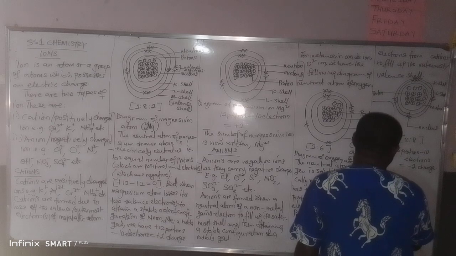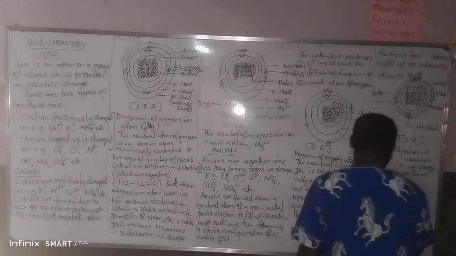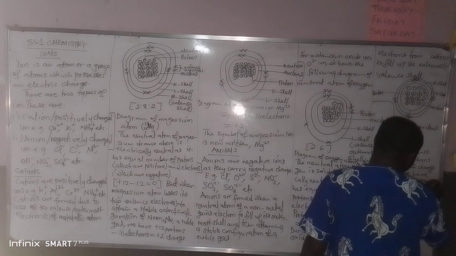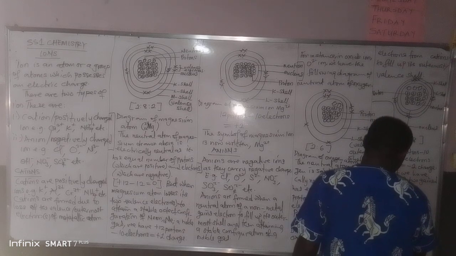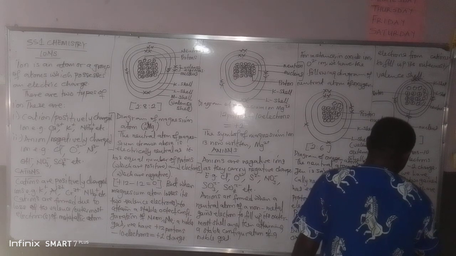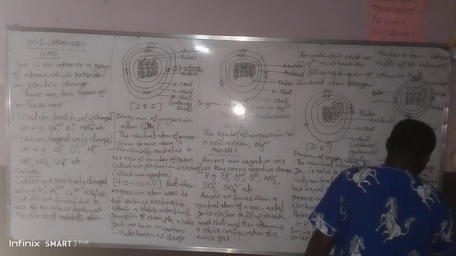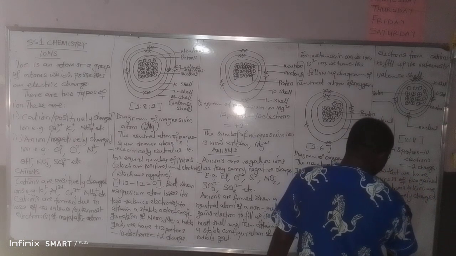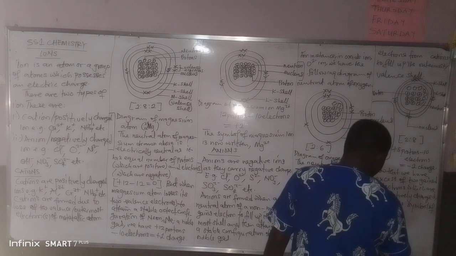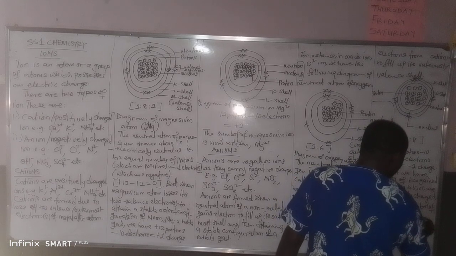So now that we have an excess of 2 gained electrons, which are negatively charged, then the symbol of oxide ion, not oxygen ion now, oxide ion, is O 2 minus.